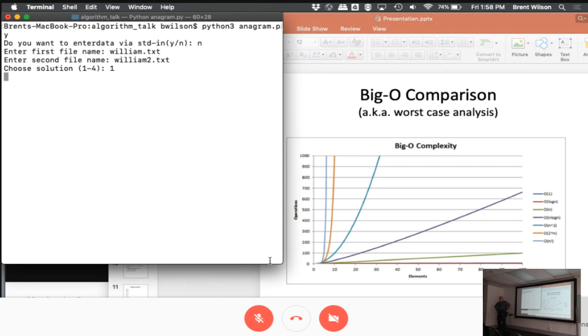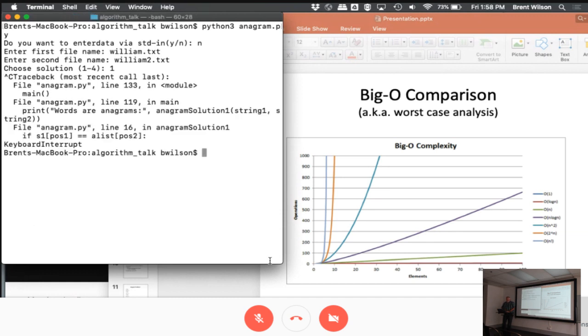I'm trying to think whether I ran this one at home. I may not have. This could take a while. I don't know that I want to wait. I'm very impatient. Okay, I'm not going to wait. I'm killing it. We're starting over.